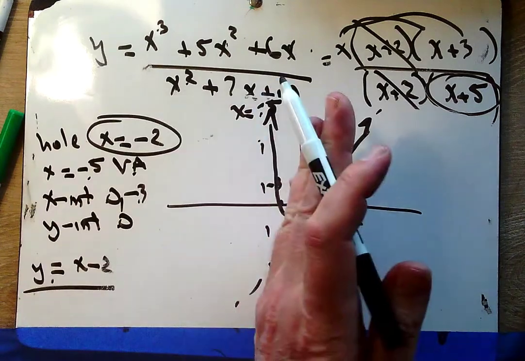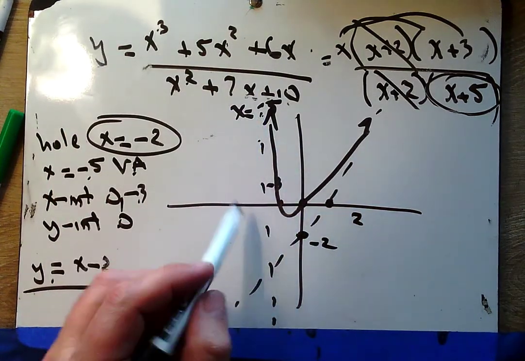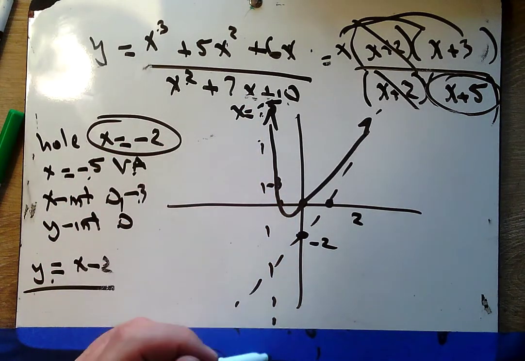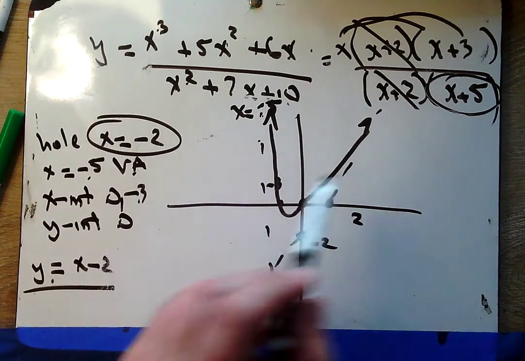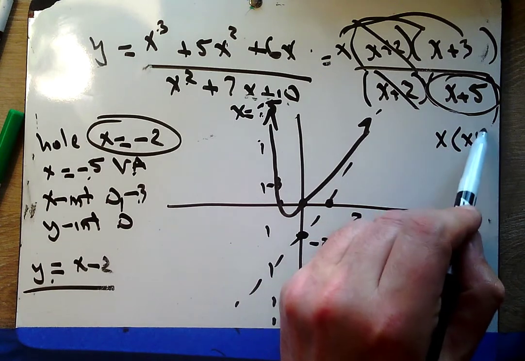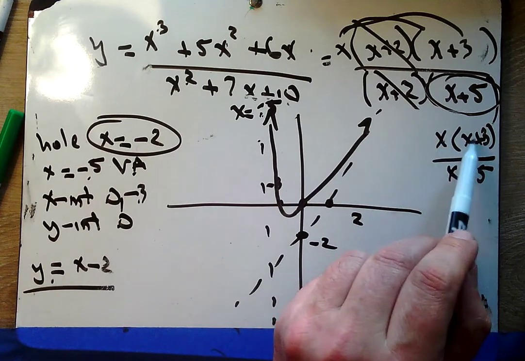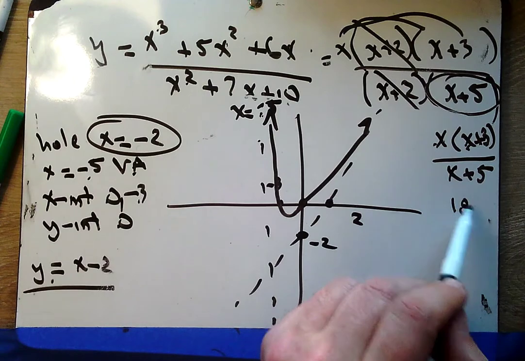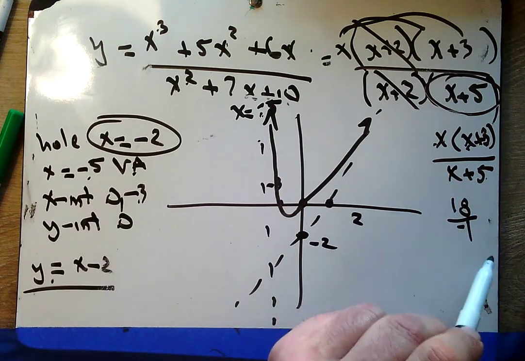Now, what about on the other side of this vertical asymptote at -5? Is it this thing, or is it down here, this thing in between? So if I plug in a -6, and I'm definitely plugging that -6 into this, -6 plus 3 is -3, negative times negative is positive 18, -6 plus 5 is -1.